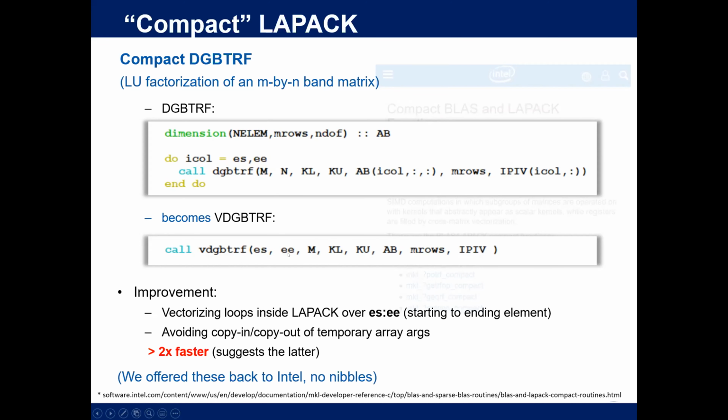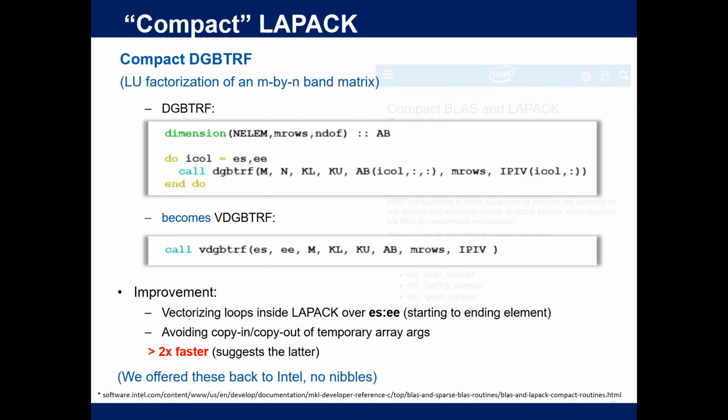And then down inside, it actually vectorizes over these arrays. Notice we're not actually having to pass Fortran subranges. So one of the things that does for us is it avoids the copy in and copy out of temporary array arguments. And the other improvement comes simply from the fact that we're vectorizing down inside LAPACK.